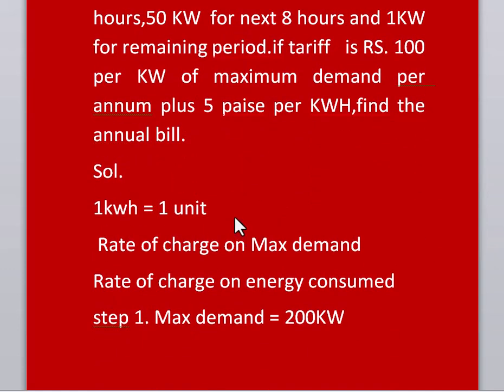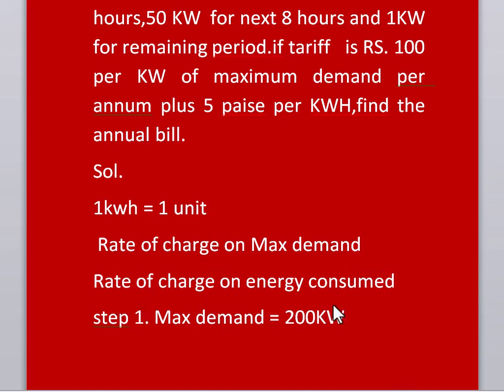In this numerical, there are two things to be considered. First of all, we should know what is a kilowatt hour. 1 kilowatt hour is nothing but 1 unit. So when written 1 unit or simply unit, it means 1 kilowatt hour. Next, the rate of charge on maximum demand is given.